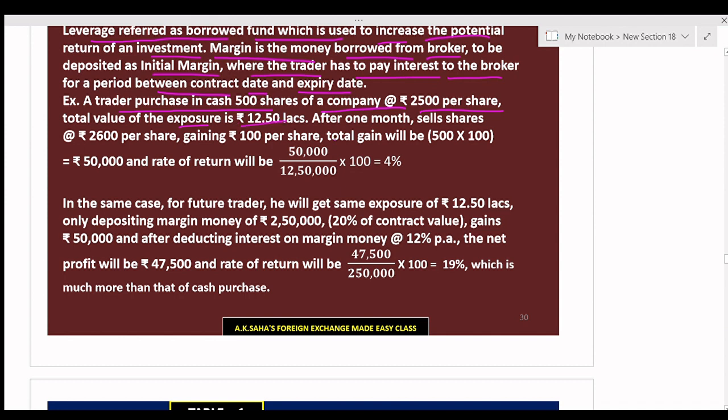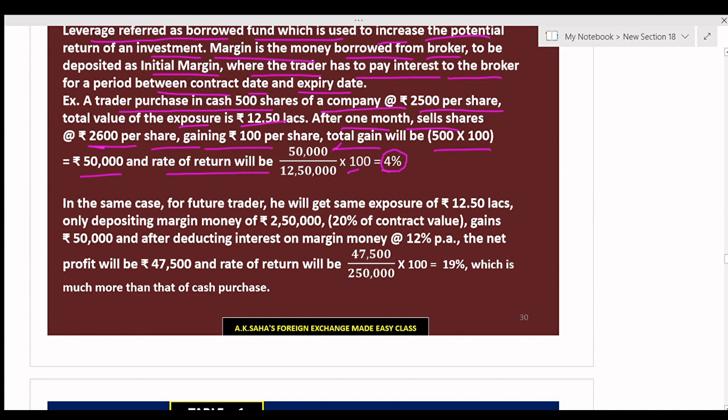After 1 month, he sells the shares at the rate of rupees 2,600 per share, gaining rupees 100 per share. That is, the total gain will be 500 into 100, rupees 50,000, and the rate of return will be rupees 50,000 divided by 12,50,000 into 100, which is 4%.